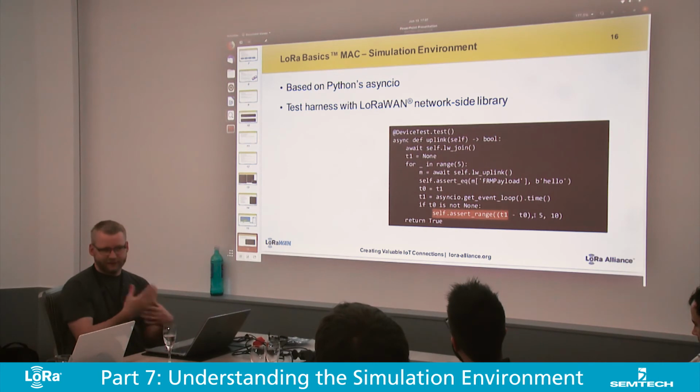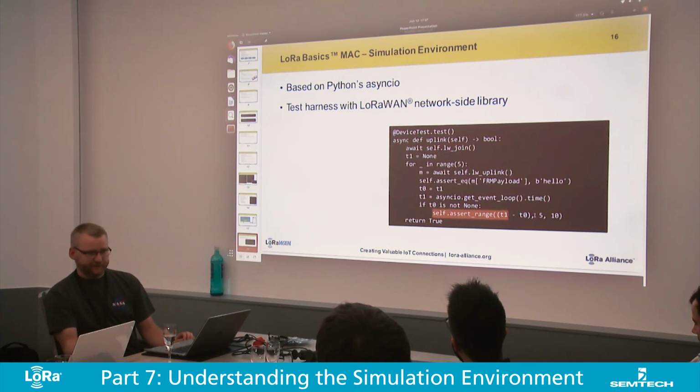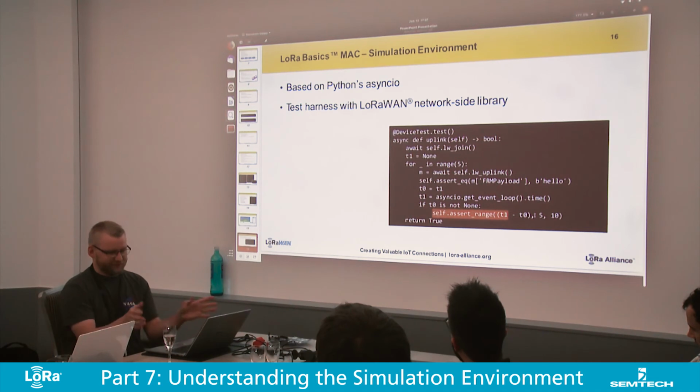We said it should send every 5 seconds. The way we've implemented that is we schedule it after we receive the complete callback, which happens after the RX2 expires. So it's 5 seconds plus at least a little bit for the wait, and then maybe we have some duty cycling backoff, so I just say within 5 to 10 seconds is what I expect. And if that goes through, then I return true.